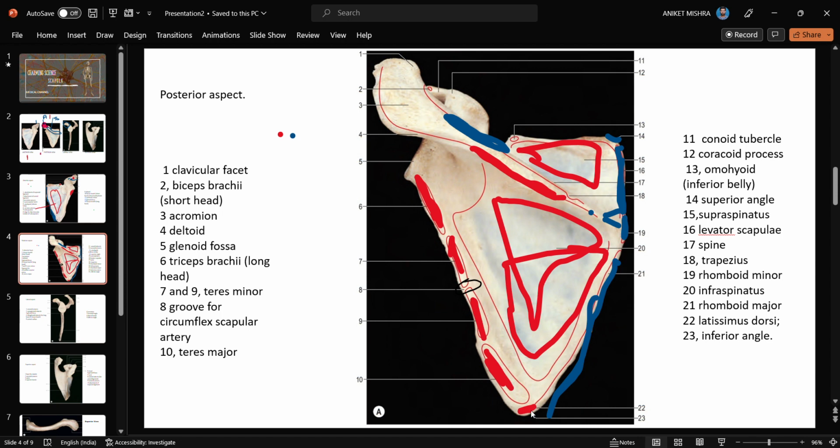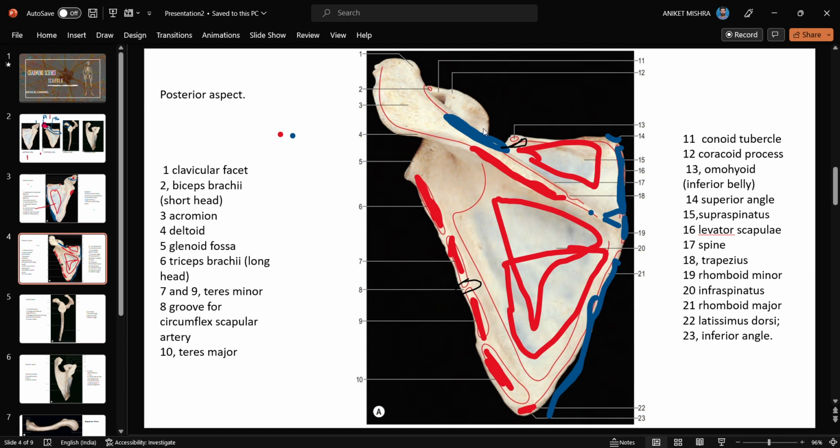When we talk about the ligament attachments, at the suprascapular notch, let me draw it in black, there is an attachment of the suprascapular ligament.